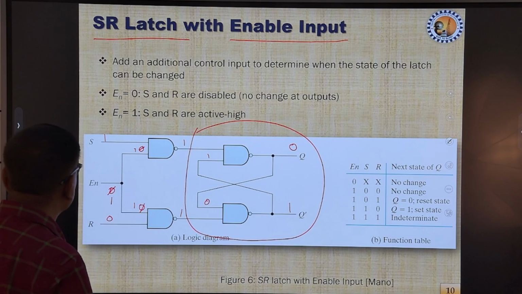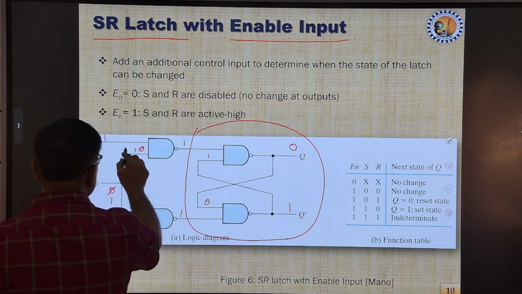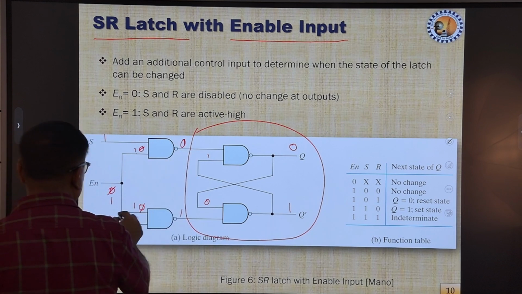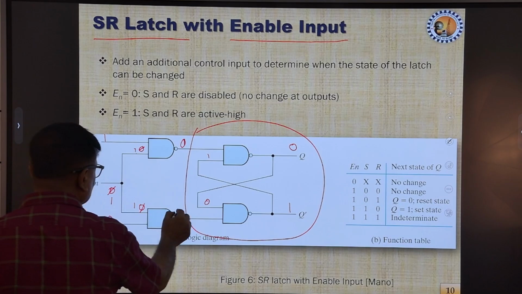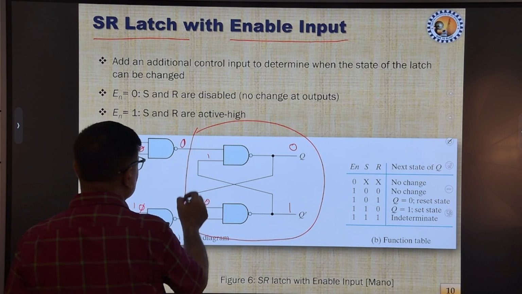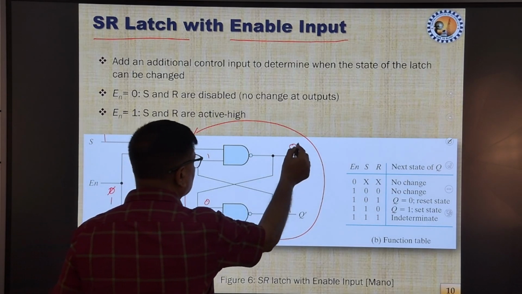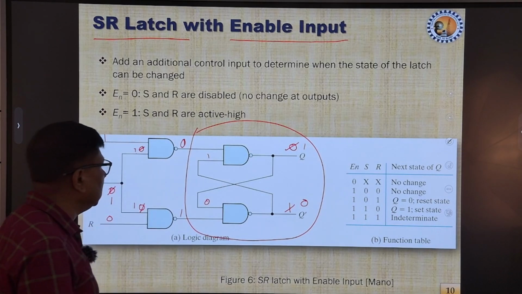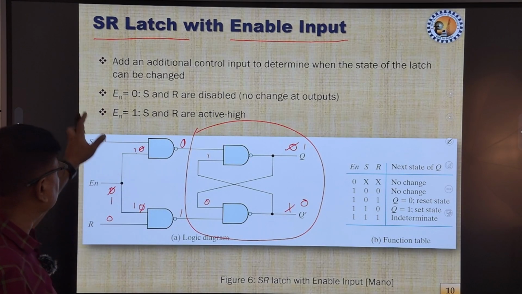In that case, both the inputs are 1, so this will make this 0, and with one of the inputs being 0, that will make it 1. So this is 0 and this is 1, meaning the output will now go to 1 and the other will become 0. This is called the set condition of the SR latch with enable input.